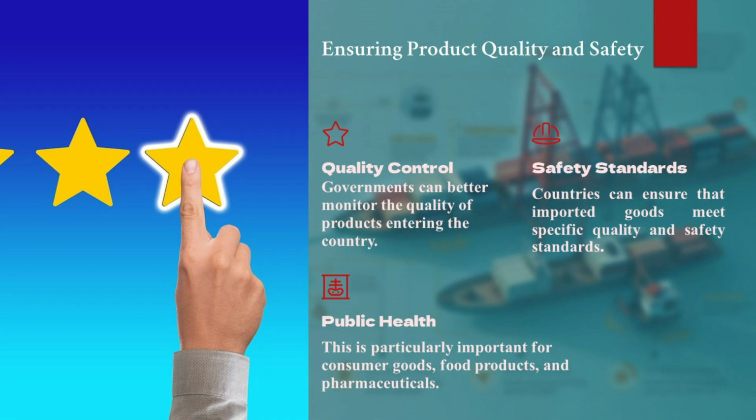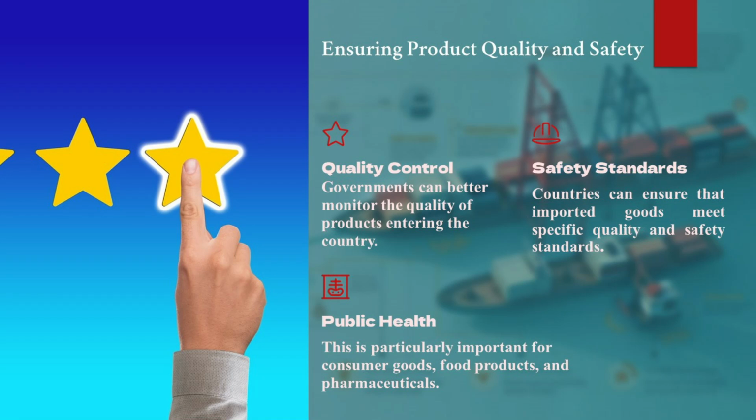By limiting the quantity of certain imports, the government can better monitor the quality of products entering the country. This is particularly important for consumer goods, food products, and pharmaceuticals, where the safety of imported items could have direct consequences on public health and safety. In some cases, countries may impose quotas on goods that are known to be of inferior quality or that do not meet local safety regulations.